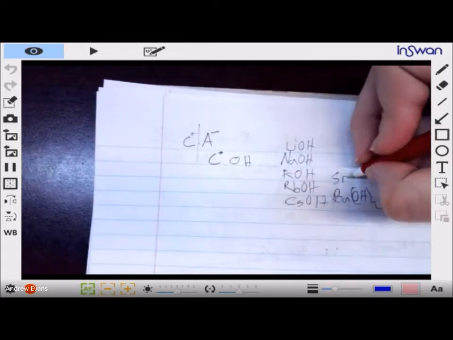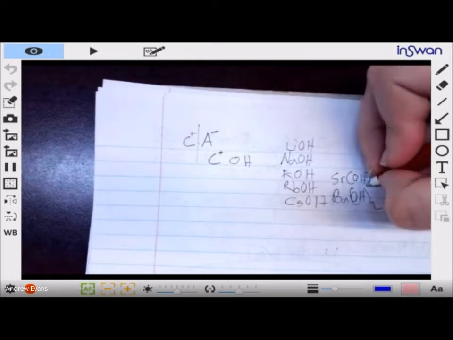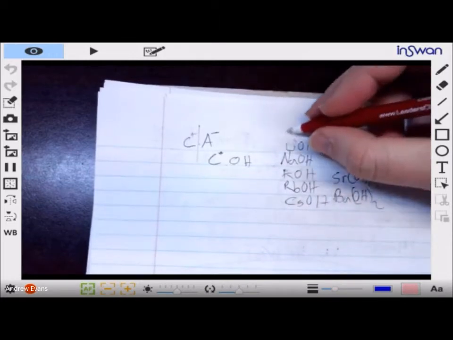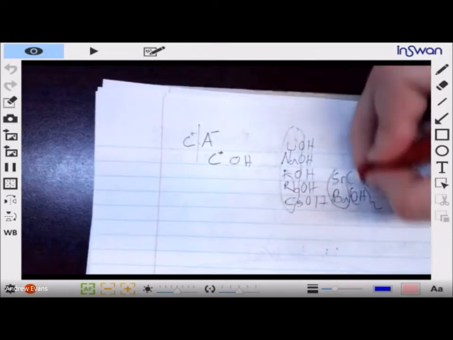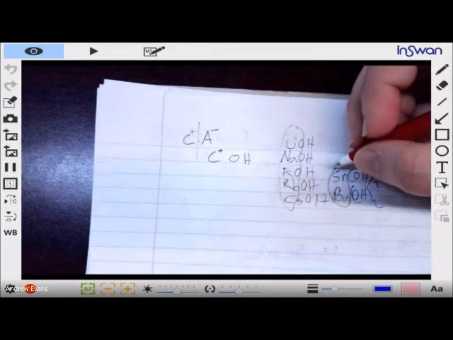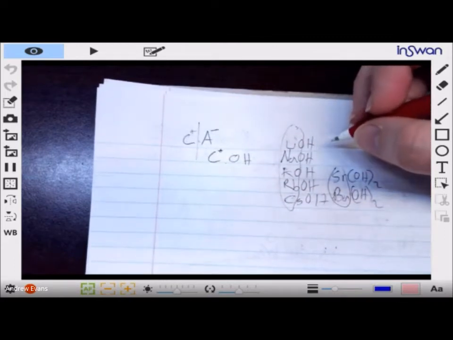If it's really any of these cations, then it would be considered neutral.